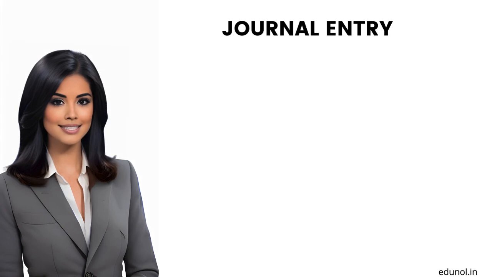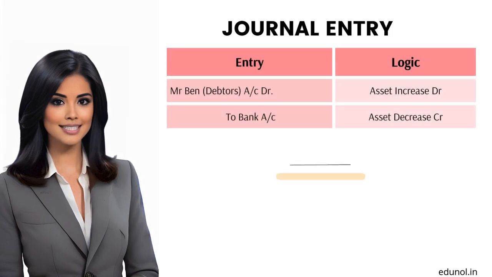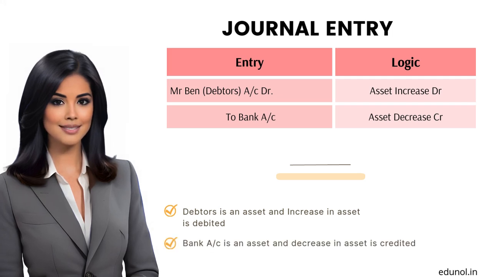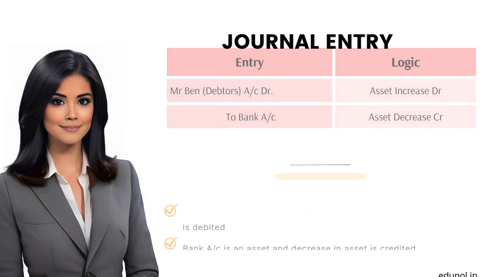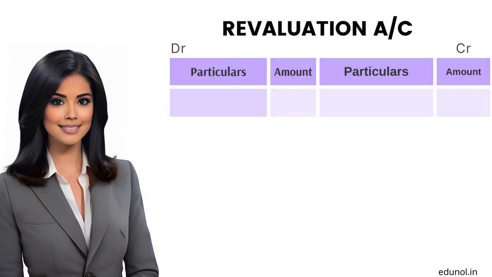Next, we come to journal entry. We have already discussed the journal entry for this transaction in the previous slides. Mr. Ben, who is a debtor account, gets debited by 5,000 rupees as the debtors of the firm are increasing again. Bank account of the firm gets credited by 5,000 rupees. This is because money is deducted from firm account by the bank. Next, we will discuss how this will be shown in revaluation account.